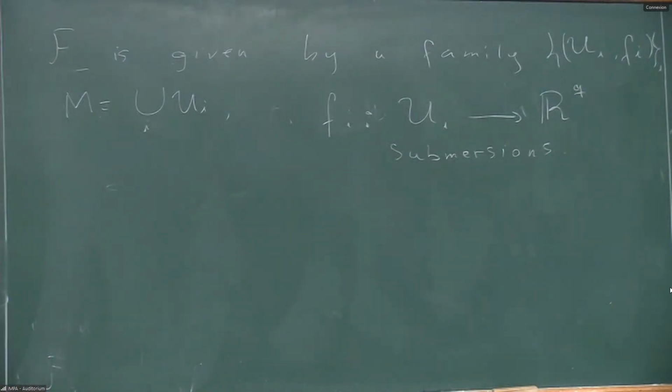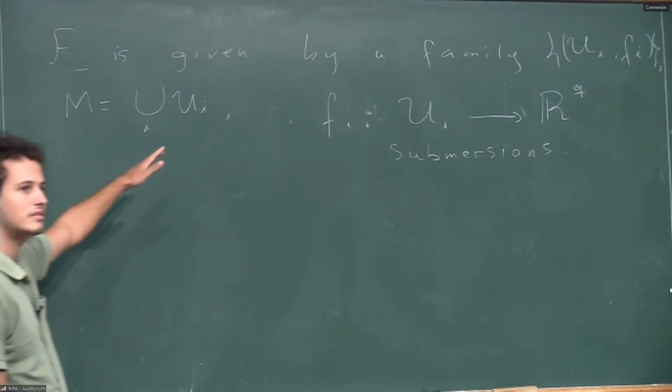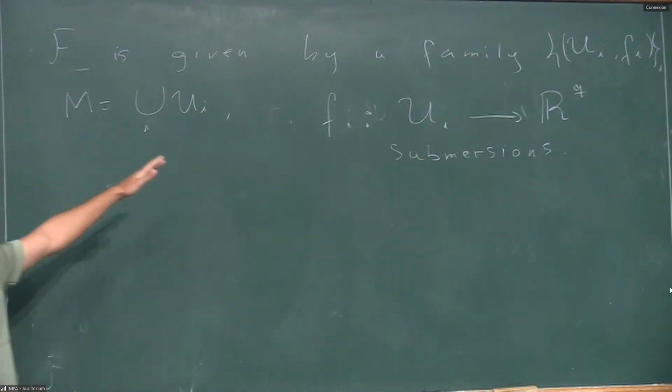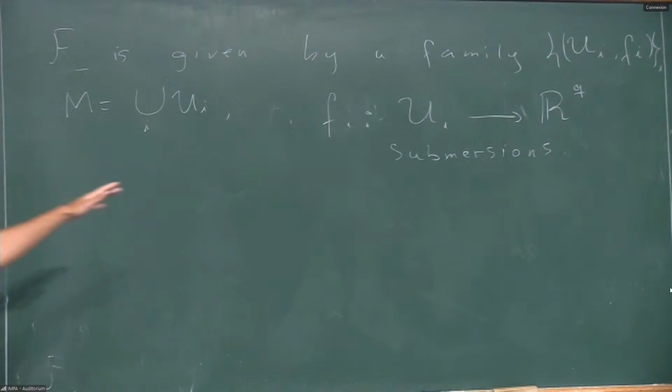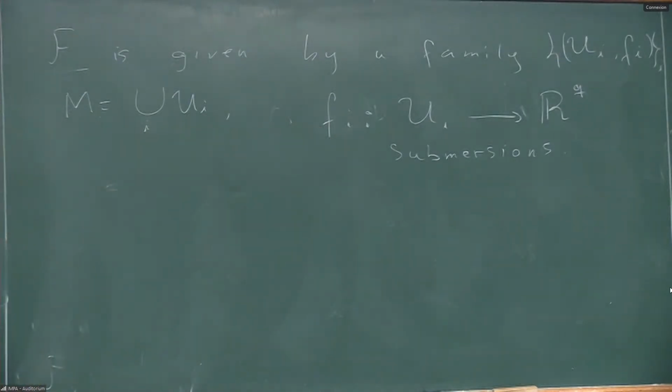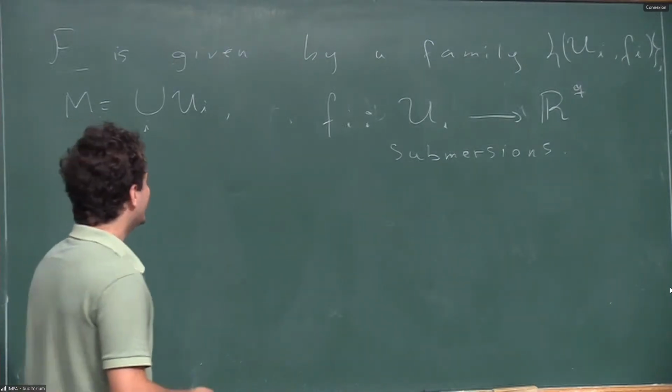Okay? So in this case, the plaques are given by the connected components of the pre-images of f_i.